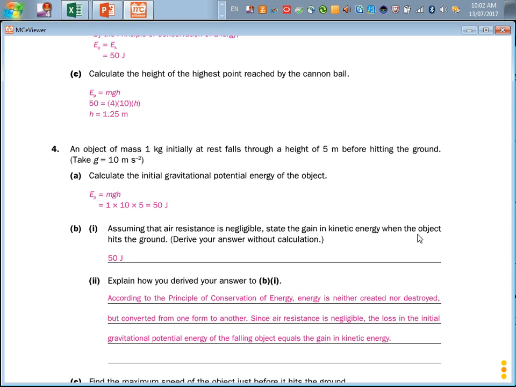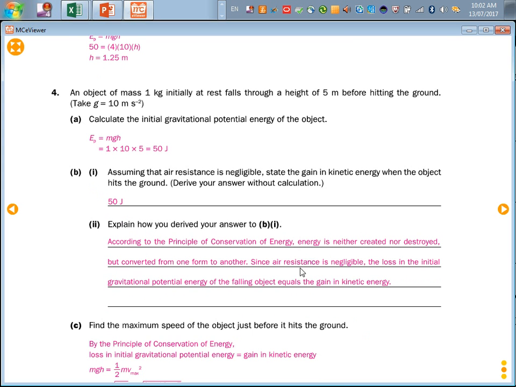When it hits the ground, state the kinetic energy. By the principle of conservation of energy, all the energy from the gravitational potential energy is converted to kinetic energy. So no change, still 50 joules. Explanation in part 2, basically just quoting your principle of conservation of energy.